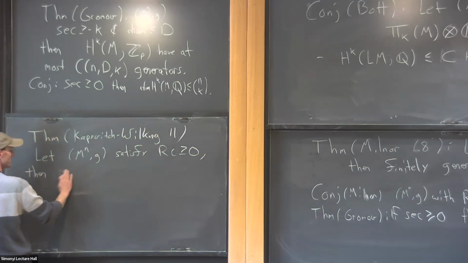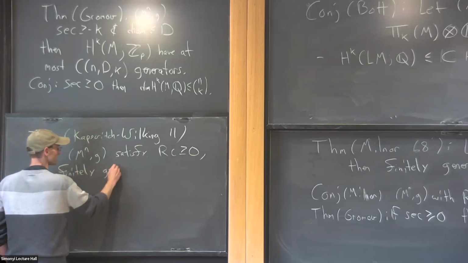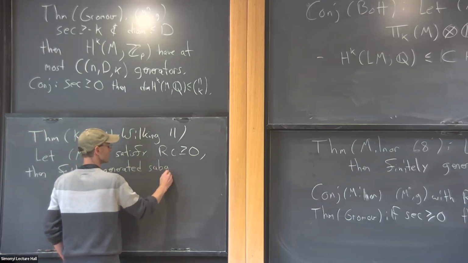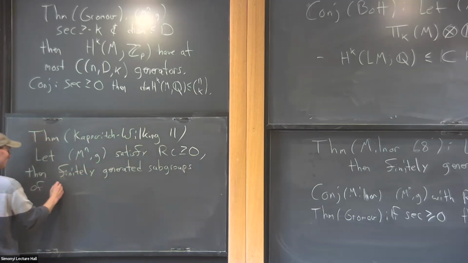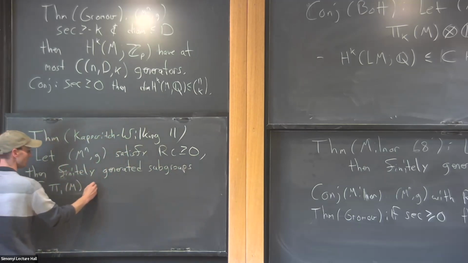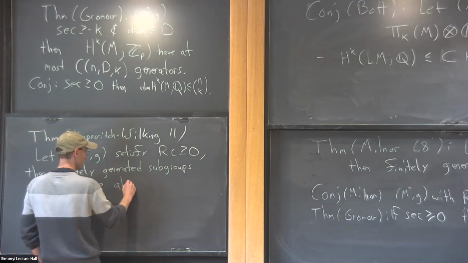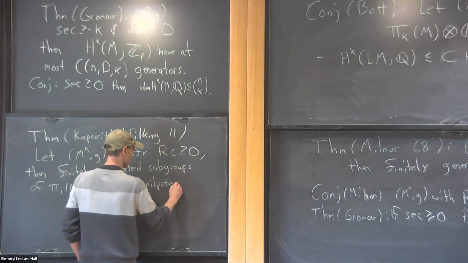Then finitely generated subgroups of the fundamental group are almost nilpotent with a uniform bound on the number of generators.